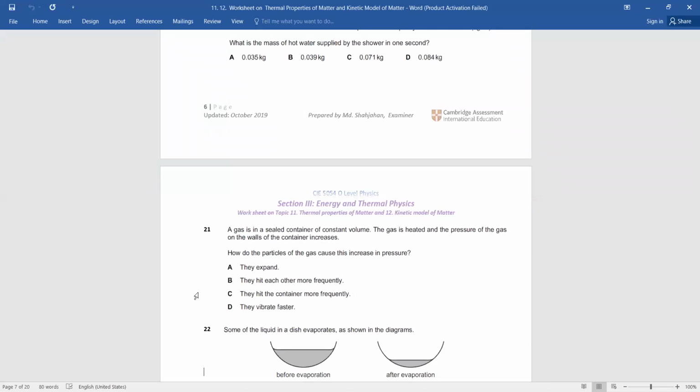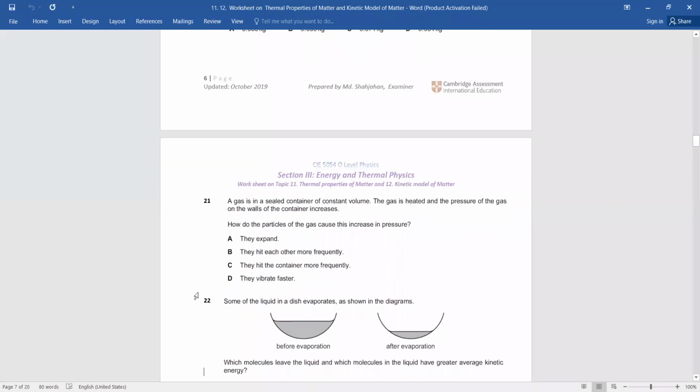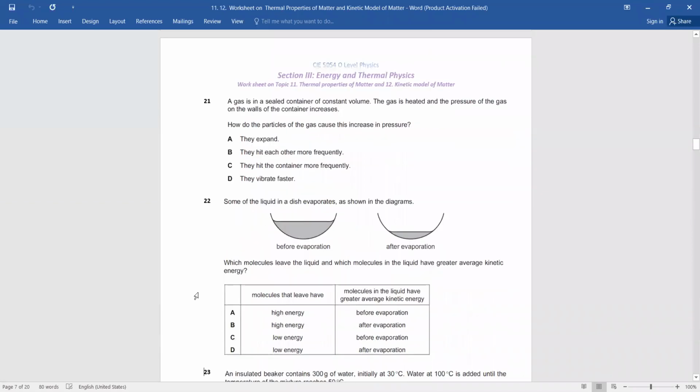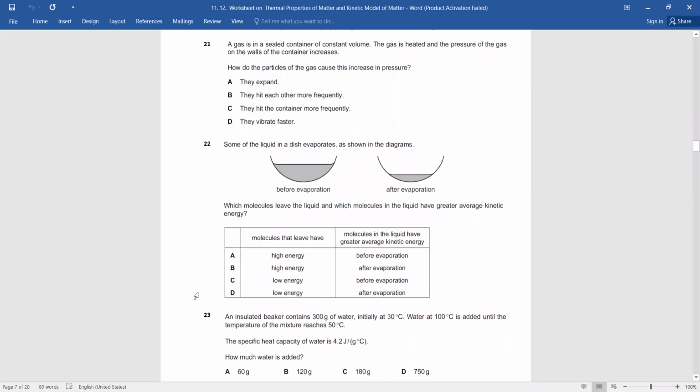That's why it cannot escape, and it is hitting the walls of the container more frequently. Okay, so your answer is C, right? Yes, sir. Okay, very good. Then continue 22.